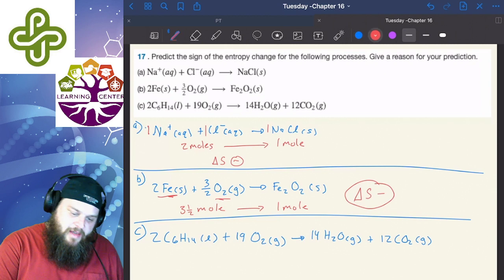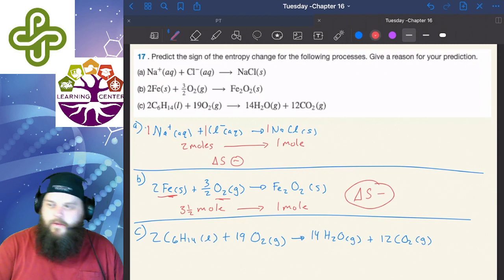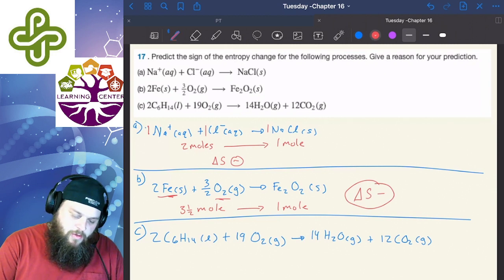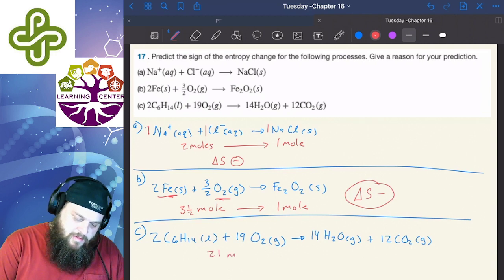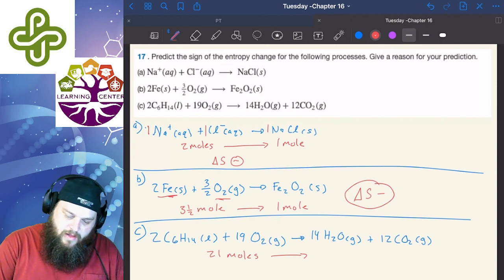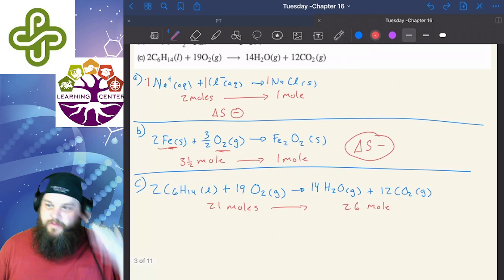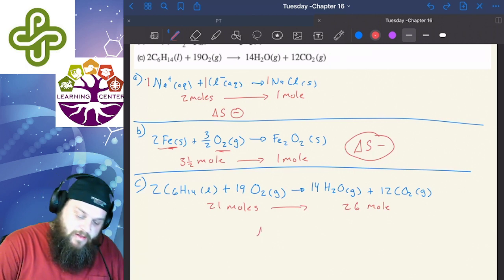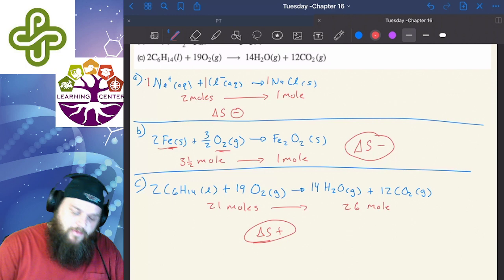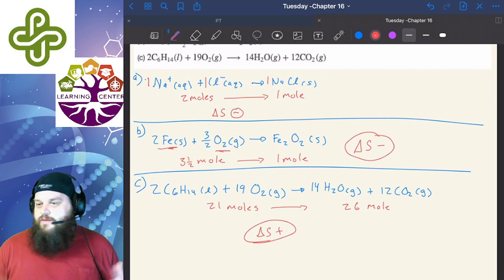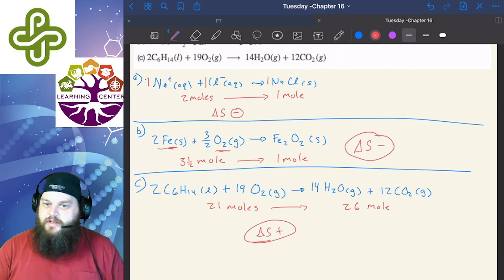So in this case, we can count up that mole to mole ratio that I've been talking about. We have 2 plus 19 is 21 moles of reactants, and 14 plus 12 is 26 moles of product. So you can see we have an increase in moles, which means we're going to have an increase in entropy there. So the delta S is going to be a positive value for that, just because we have more moles of product than we had of reactant.